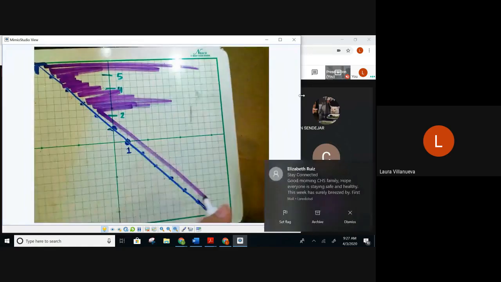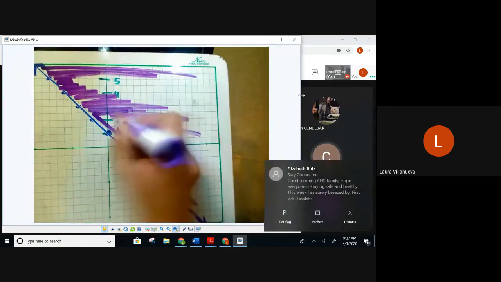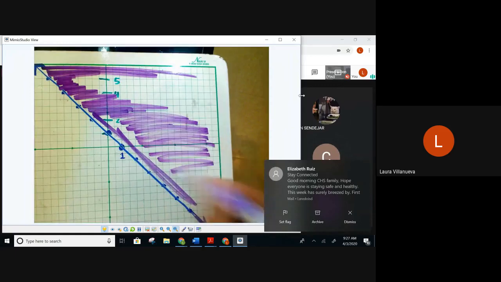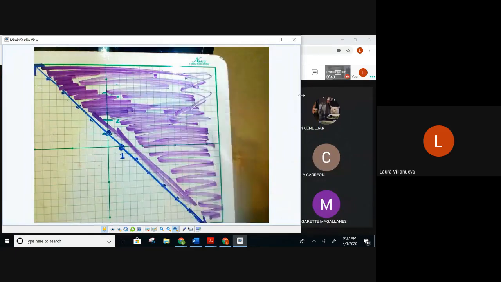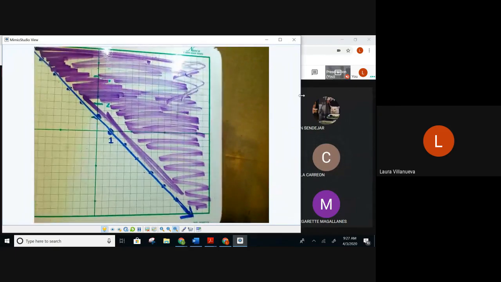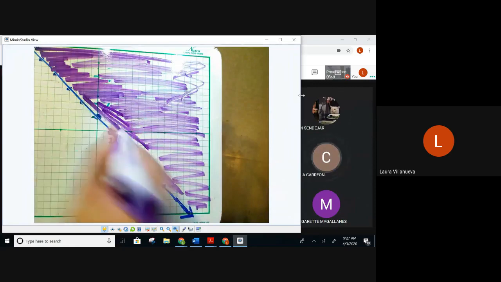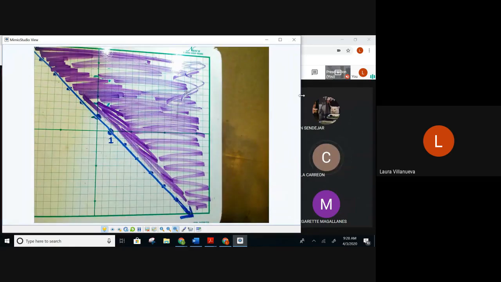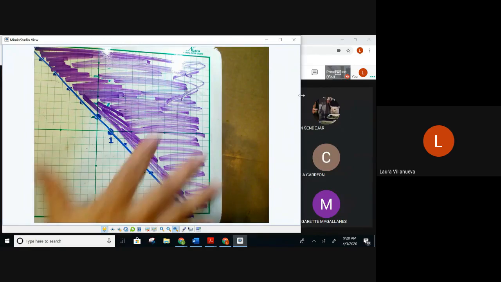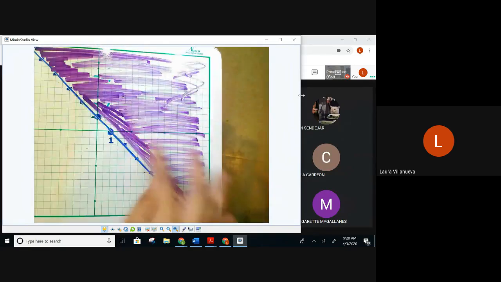Okay? And I'm just going to do this. Okay? So this is what they're going to give you. They're going to give you a graph. And all of your points that are part of your solution are part of this area.